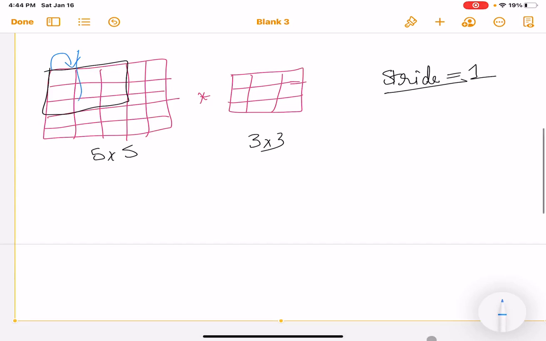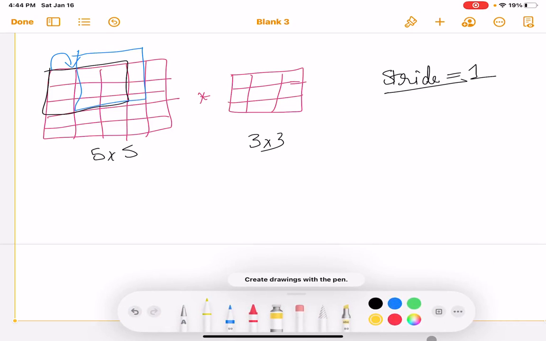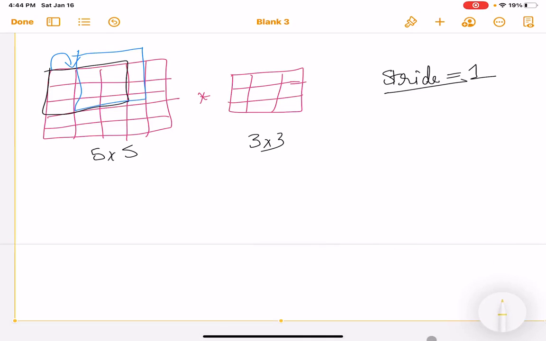So that was this one, right? And similarly, the third one was again 1 step forward, and so this is my local receptive field. So stride is the size of the step the convolutional filter moves each time.